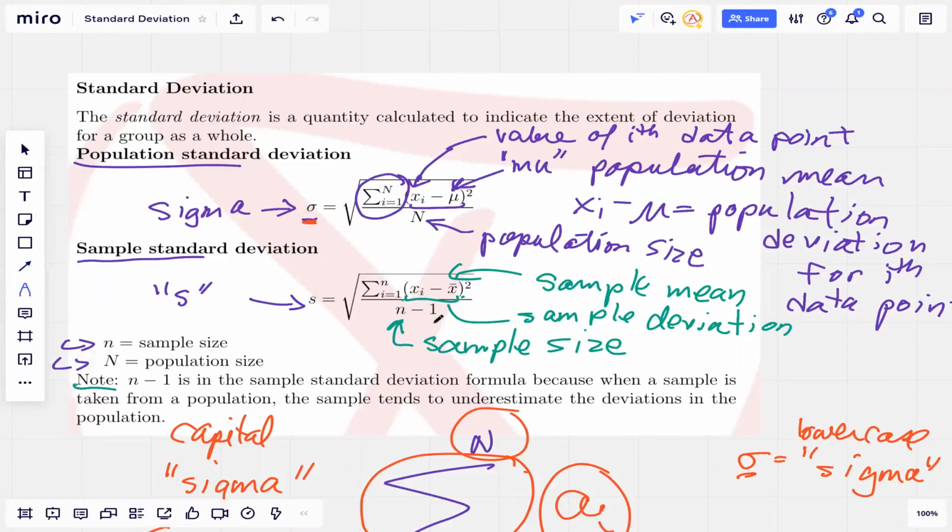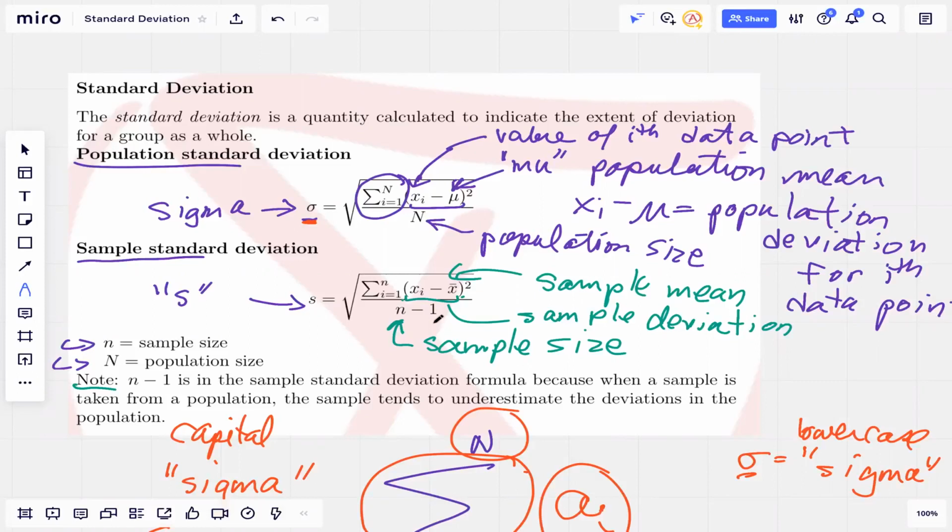We have a population standard deviation and a sample standard deviation. Recall, lowercase n represents sample size, uppercase N represents population size. Our population standard deviation is represented by the Greek letter lowercase sigma. The sample standard deviation is represented by the lowercase s.